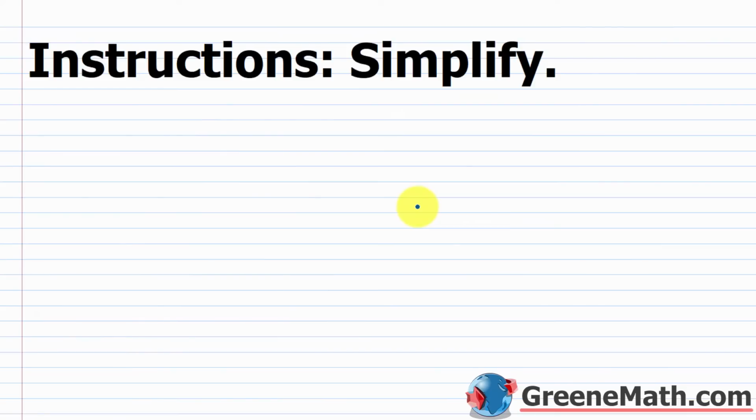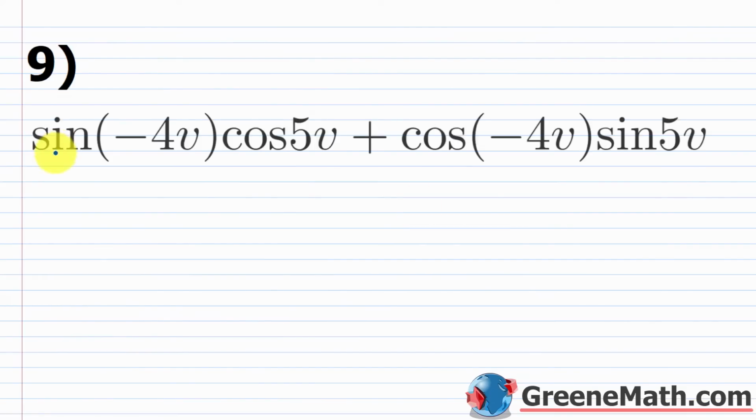All right, for the next few problems, we're just asked to simplify. For problem 9, we have the sine of negative 4v times the cosine of 5v plus the cosine of negative 4v times the sine of 5v. Again, we have a similar problem to the previous two, but it's a little bit different because we're just going to simplify here. So let me put equals. I'm just going to say this is the sine of the first angle, which is negative 4v.